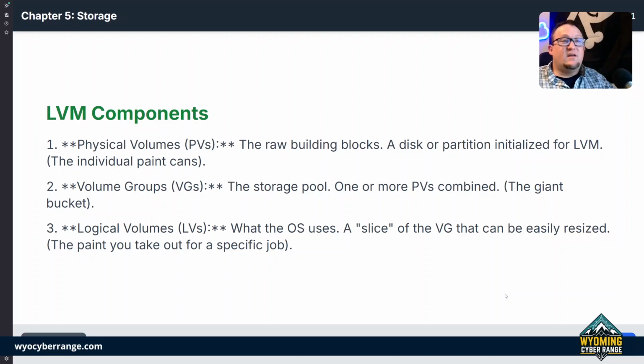You know, which one is for OS, which one's for apps, which one's for Joe in accounting. Whatever you have, each slice you take out of the logical volume can be like which paint you take out for a special job.